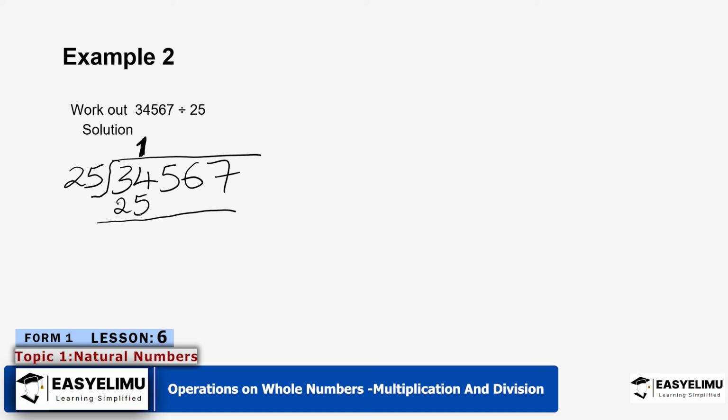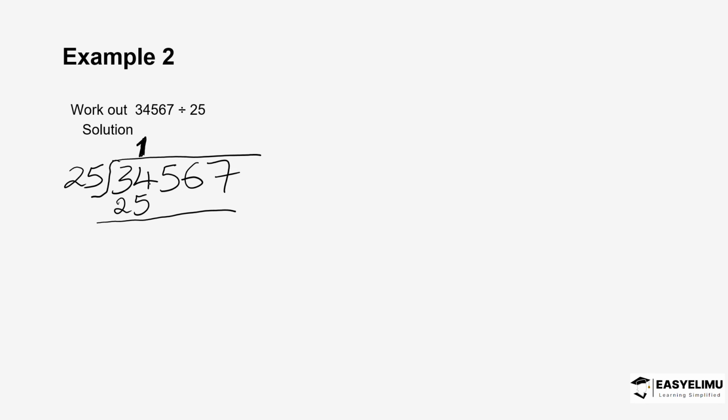And 1 times 25 is 25. Then remember what you do next is to subtract. So again, I have to borrow 1 from 3. Taking it there, it becomes 14. 14 minus 5 is 9. And here we had 2 remaining. 2 minus 2 is 0. Then you drop 5. This is the next digit, so that's what you drop.